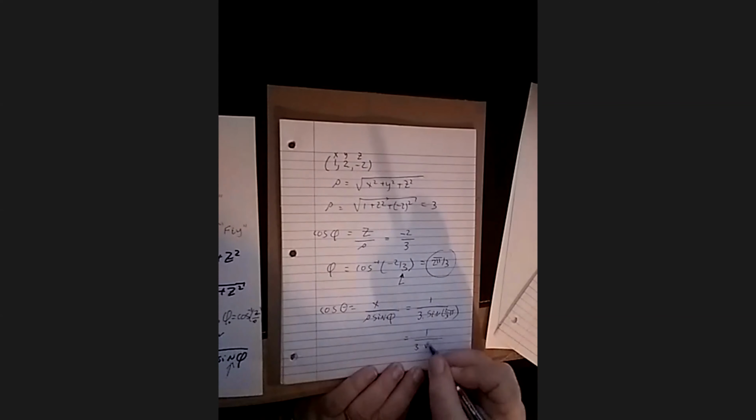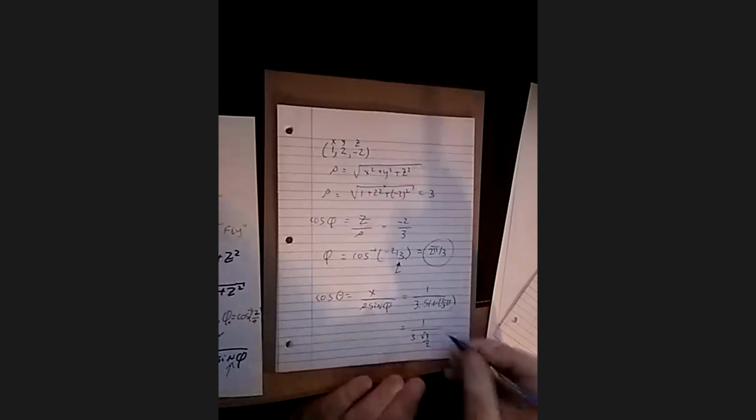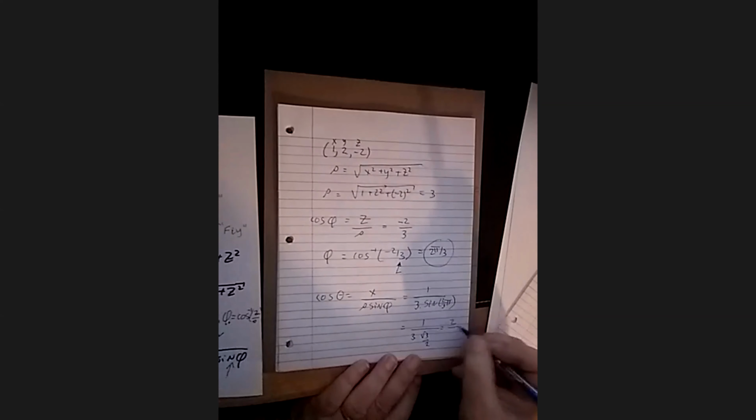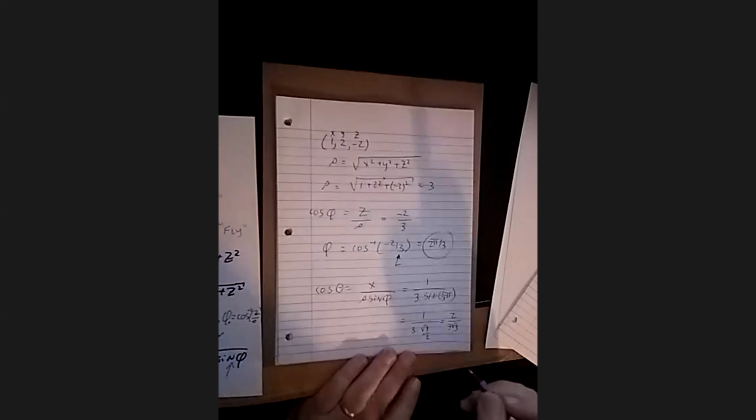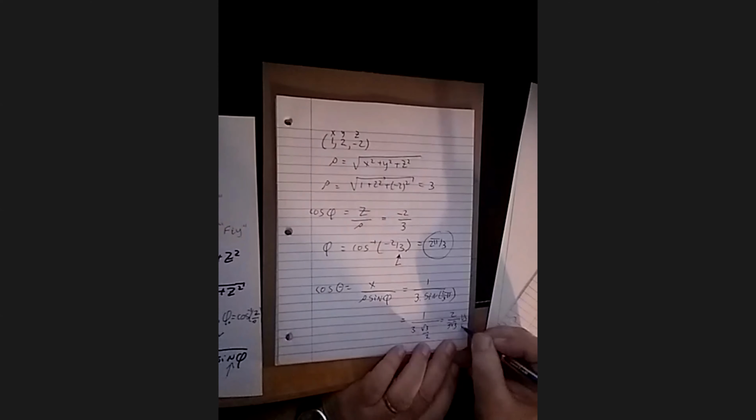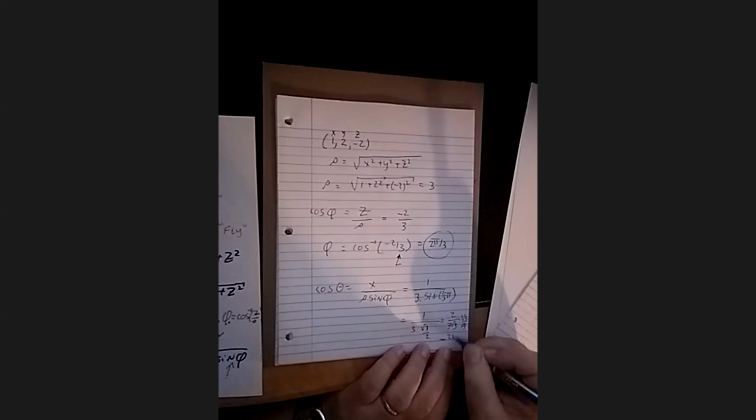You look at your unit circle, and the sine of 2/3 pi, I believe, is √3/2. And then you make this look pretty, and that would be your last guy.